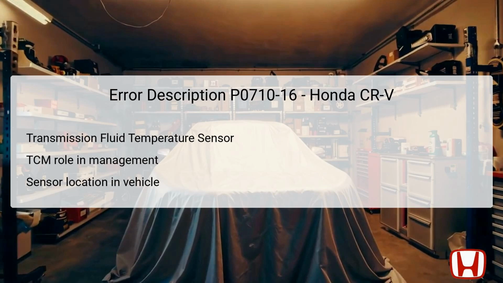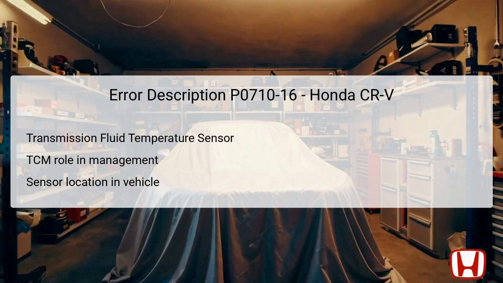This sensor is integrated within the solenoid wire harness A, which is in proximity to the TCM located inside the vehicle under the dashboard. Given its location, as well as electrical connections, it is integral to perform a thorough inspection to ensure there are no broken wires or poor connections.